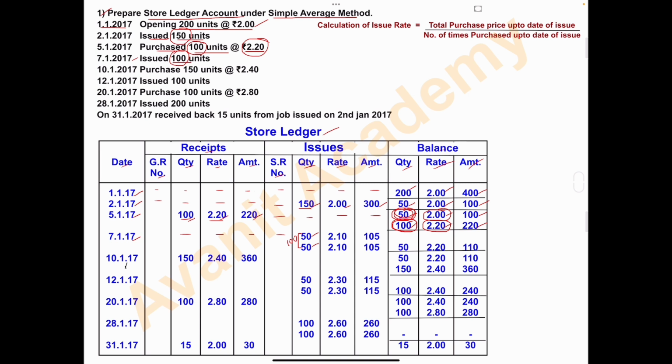Under the simple average method, there is a formula to calculate the issue rate.